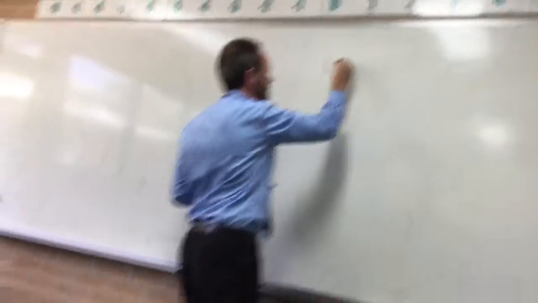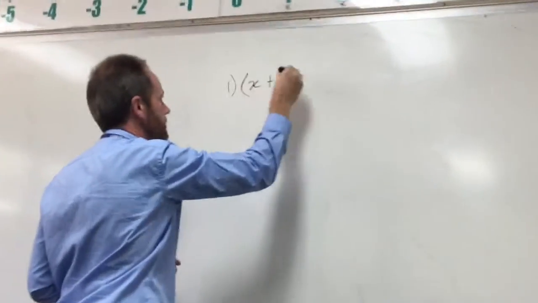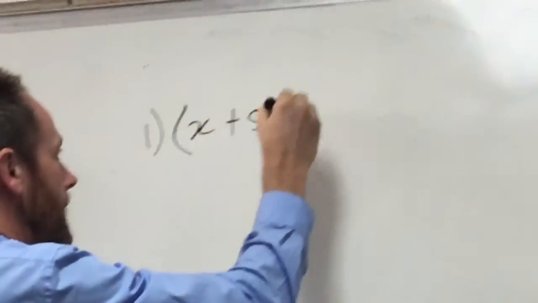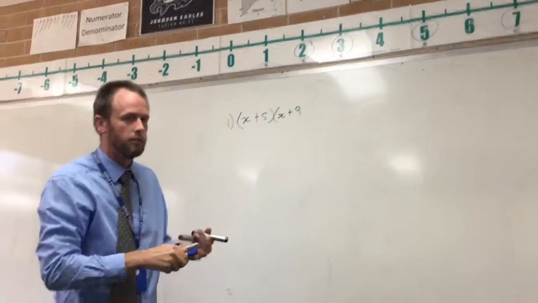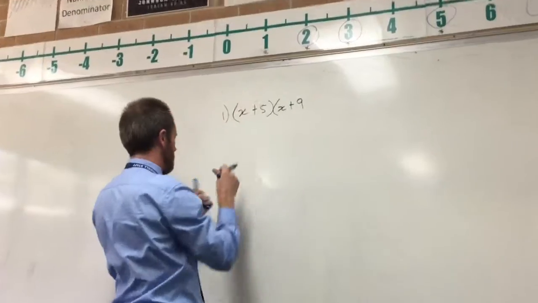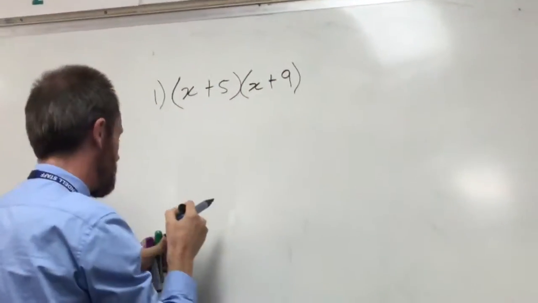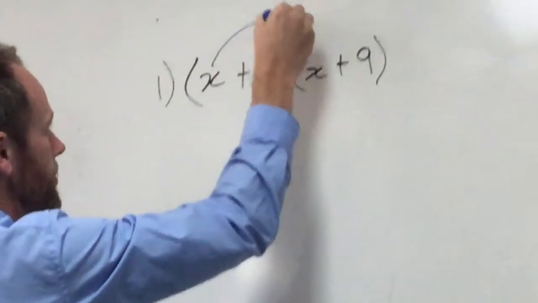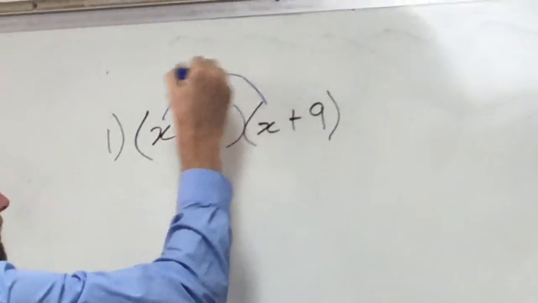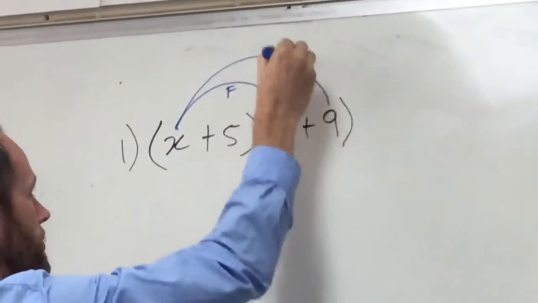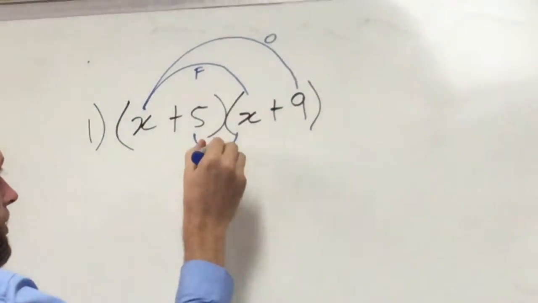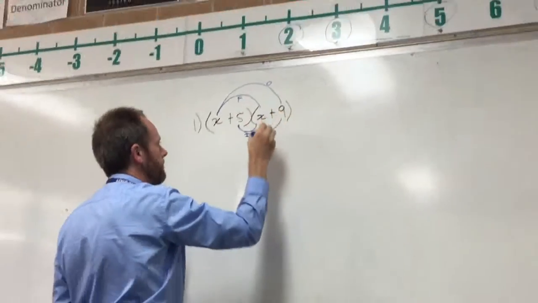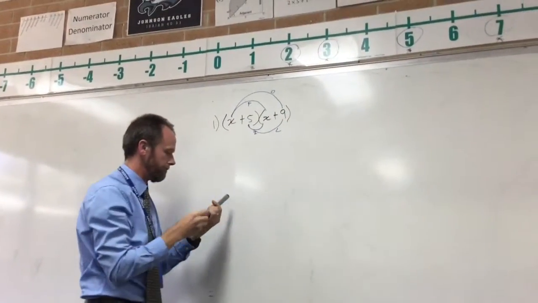So example 1, we have x plus 5 in brackets multiplied by x plus 9. If I'm suggesting you use FOIL, thank you for pointing out that I've missed a bracket. You multiply the first terms, that's your F. You multiply the outside terms, that's your O. You multiply your inside terms, and then you're going to multiply your last terms, FOIL.